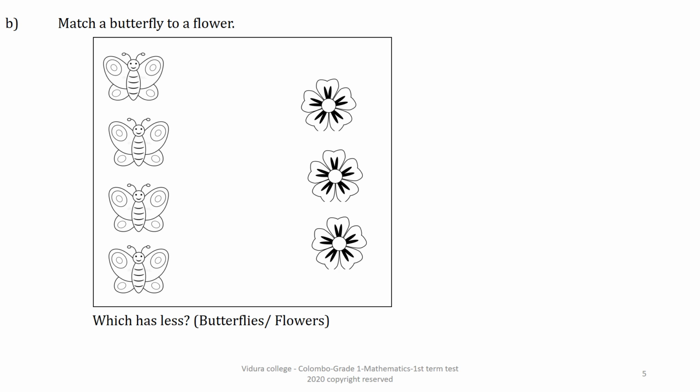Right? Okay. Now, this is the question. Which has less? Answers are butterflies, flowers. Now, select the correct answer from these two words and underline the correct answer.